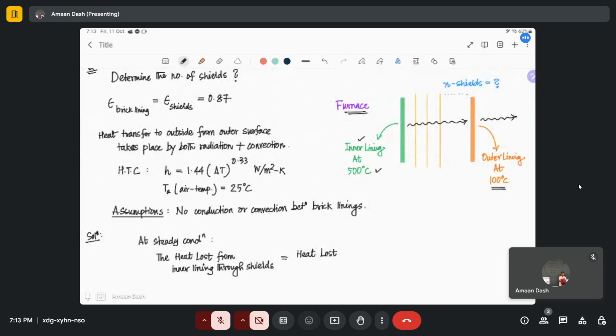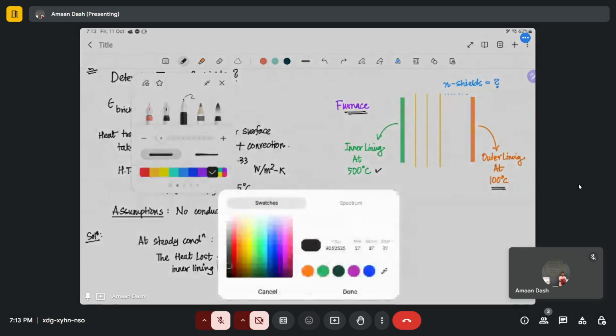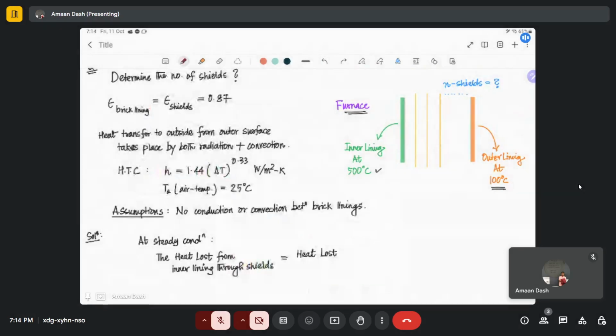Okay, so let's see how to solve this question. It is given that if we consider a steady state operation or steady condition, then the heat that is lost by this inner lining will be coming to the outer lining and will be lost from the outer lining.